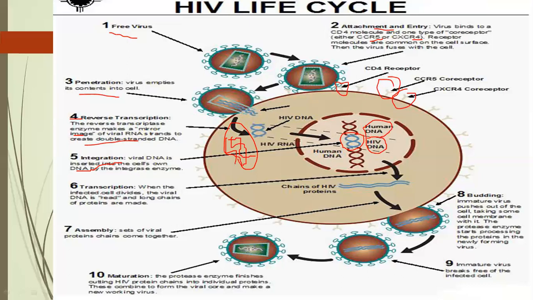When transcription is done in the next step, the infected cell divides the viral DNA and long chains of proteins are formed. Now, because this virus does not have any ribosomes or any polymerase enzyme, it utilizes the enzymes and ribosomes, the protein factory we can say, of this T cell, and makes the chains of proteins and required proteins.